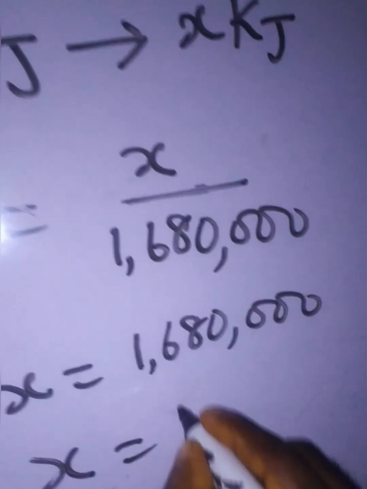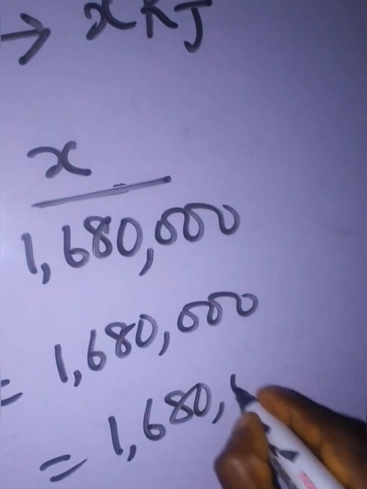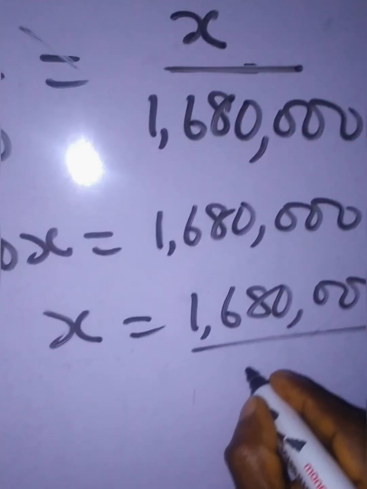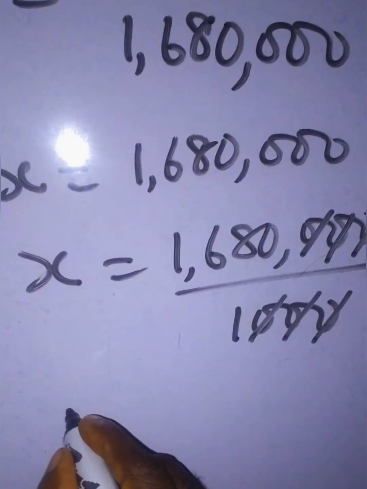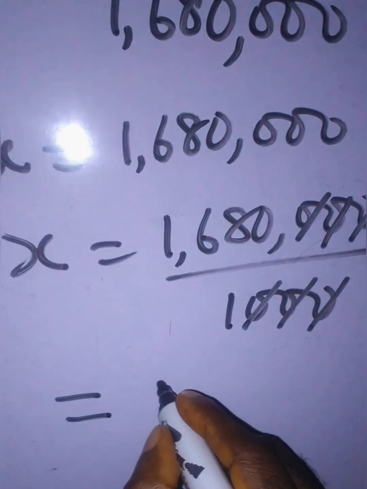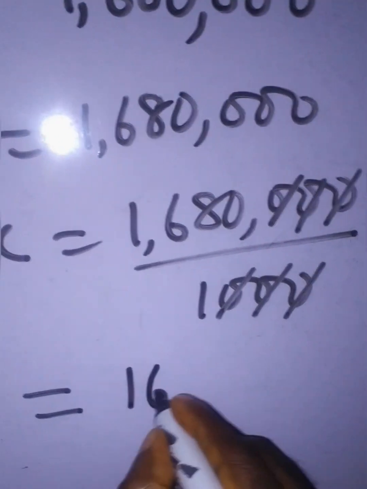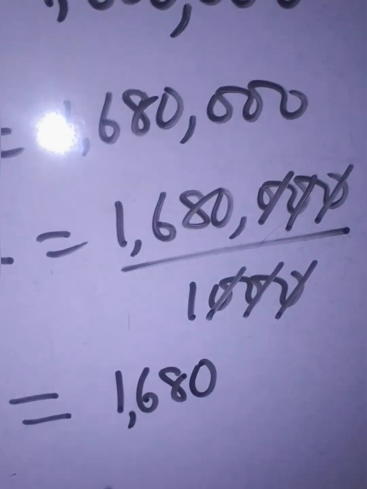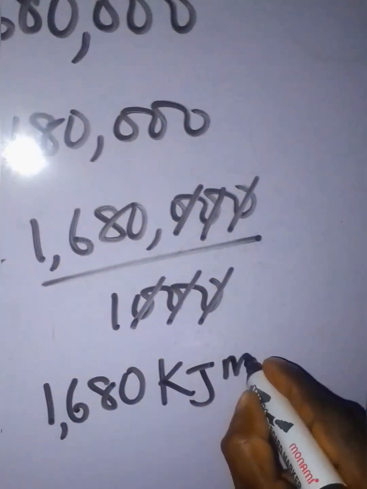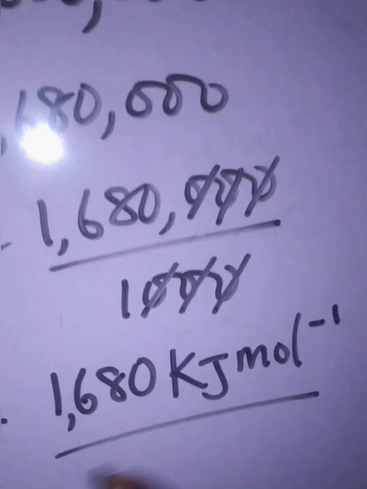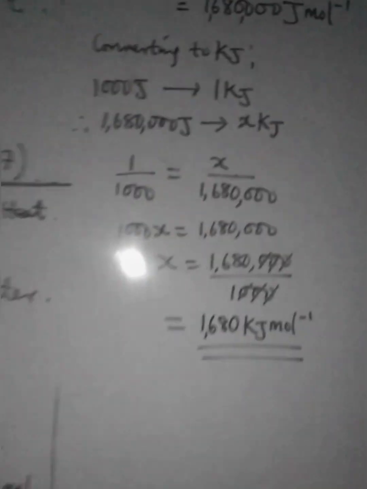So x will give 1,680,000 divided by 1,000. So 3 zeros will cancel 3 zeros. The heat of combustion will now be 1,680, that is 1,680 kilojoules per mole. And that is the heat of combustion of methane.